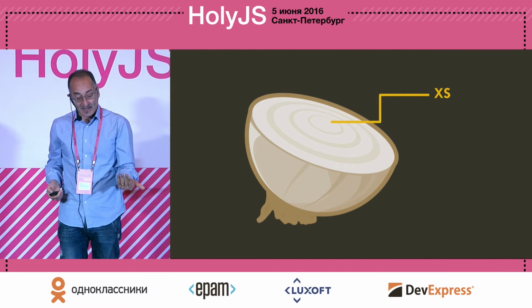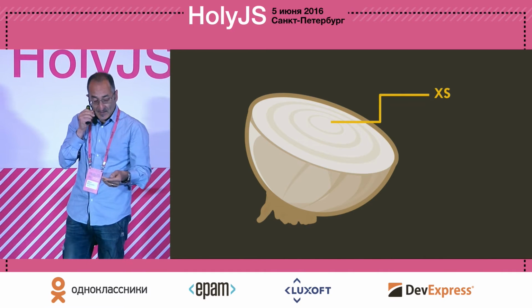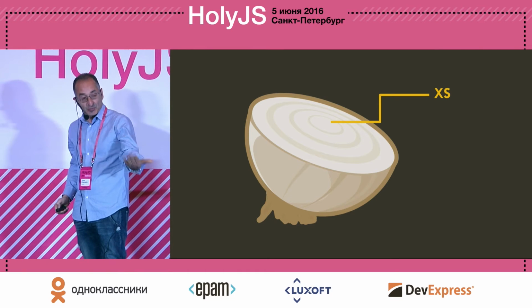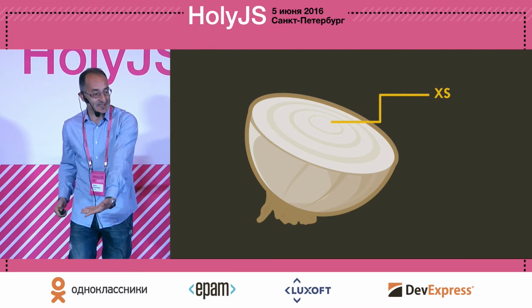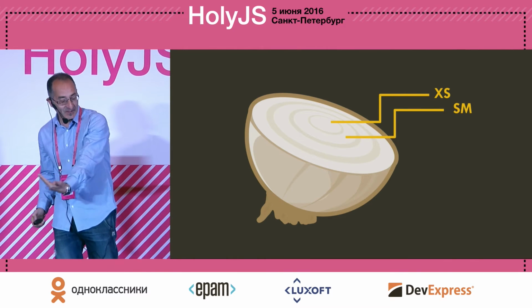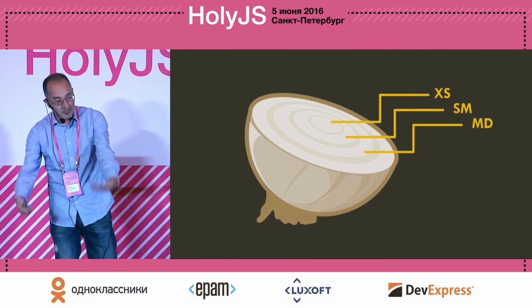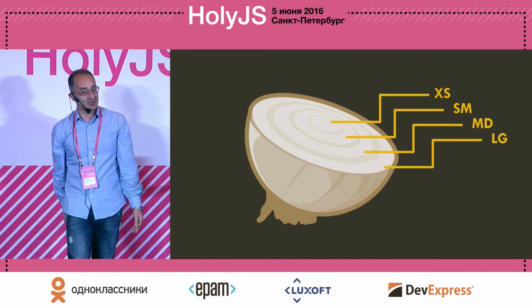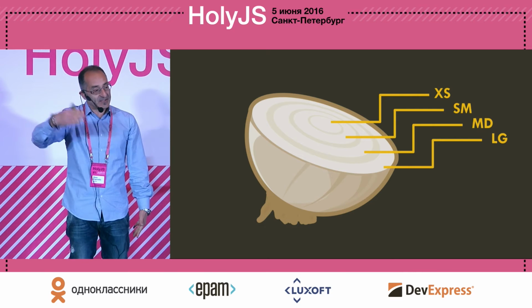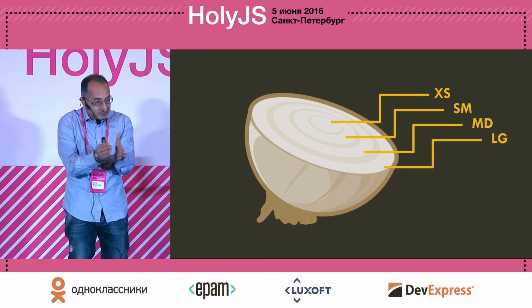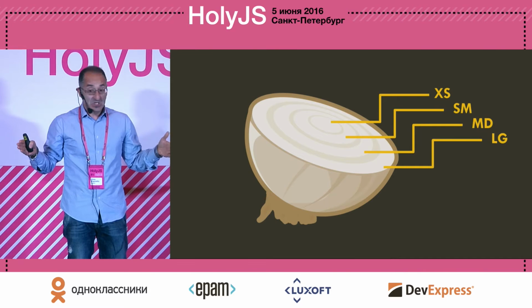And then they say, you start from there, and you build your page in a way that it renders well with XS devices, and then you go to small devices, just a bit larger, and then medium devices, and then large devices. XS, SM, MD, and large are typically associated with a breakpoint, with a number of pixels.